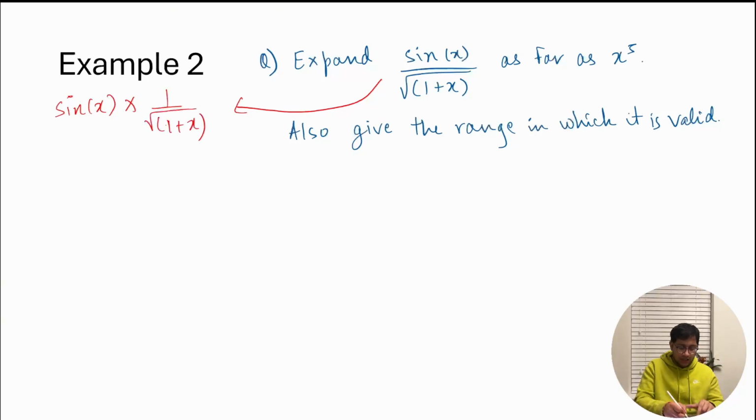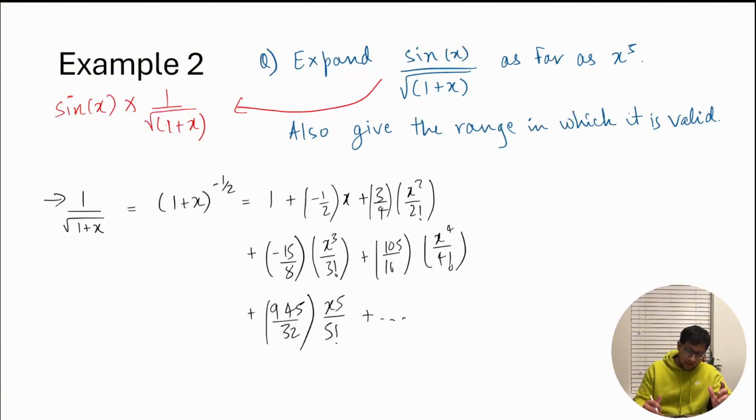We can look at both of these terms, sine x and 1 over the square root of 1 plus x, separately. To save you the pain of watching me do this live, I've got this pre-expanded right here up until the x to the 5 term.